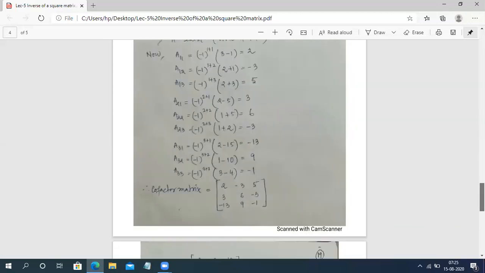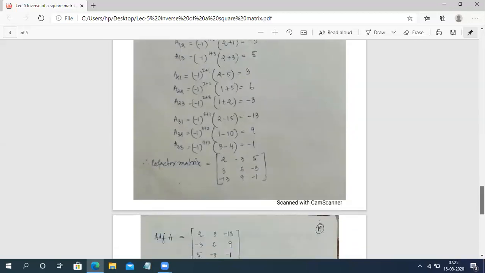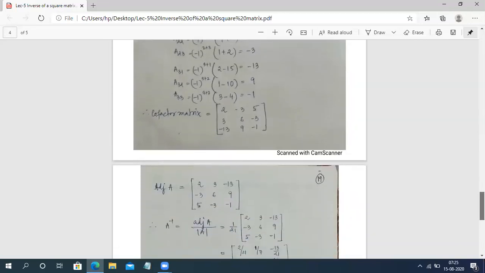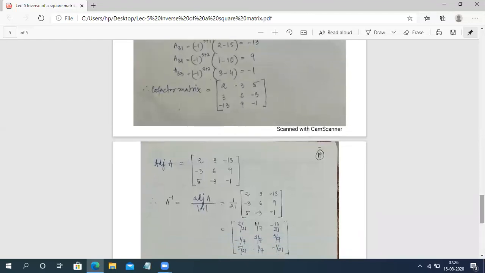Now when we have the cofactor matrix, find the adjoint by interchanging the rows into columns. So we have this adjoint matrix, and that matrix is 2, 3, minus 13, minus 3, 6, 9, 5, minus 3, minus 1.